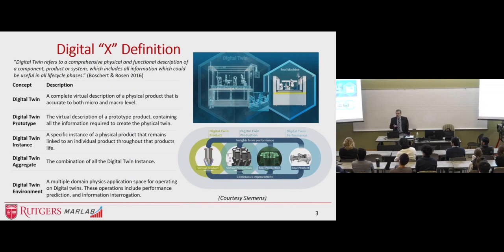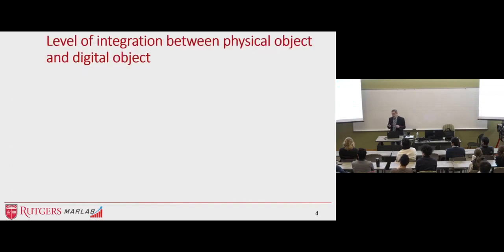When you sum up all those digital instances throughout the time, you get digital twin aggregate. And it's the combination of those digital twin instances. And then you have the digital twin environment. All those digital twins are, in a way, popping up and learning from each other.